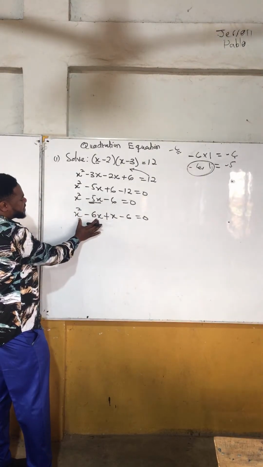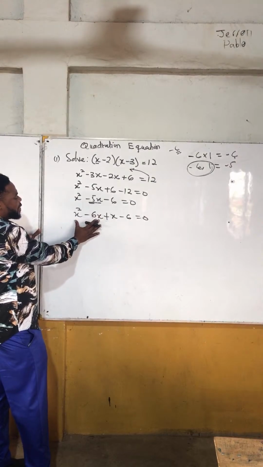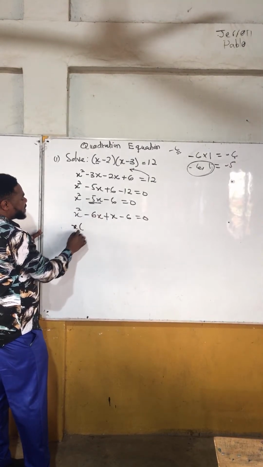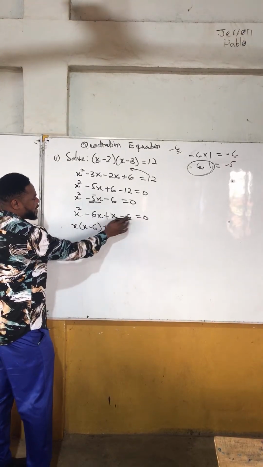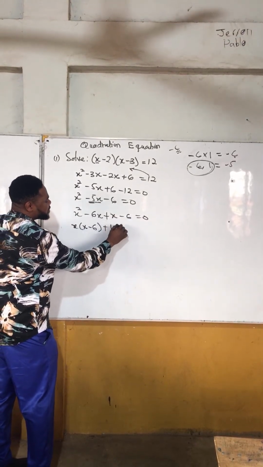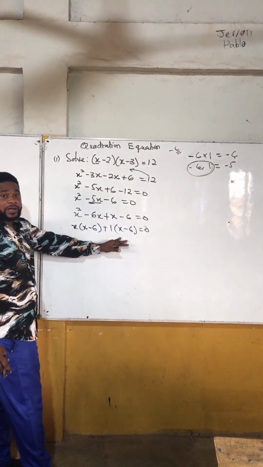Now let's see how we can factorize this. X squared minus 6x. To factorize this, we factorize x out: x minus 6. Here we factorize 1 out: x minus 6, all equal to 0. So look at it very well.